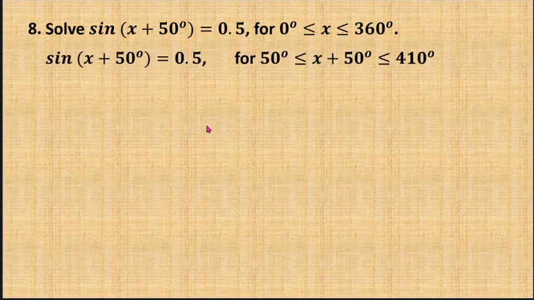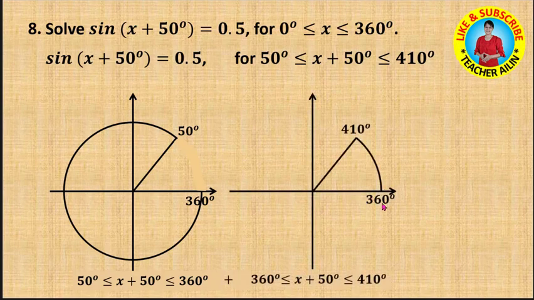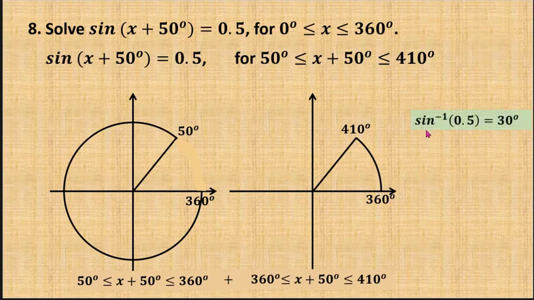Next, I'm going to find the position of the angle. Since the range is from 50 to 410, this means that the range involves two circles. The first circle starts from 50 to 360, and the second circle starts from 360 to 410. The basic angle is 30 degrees.